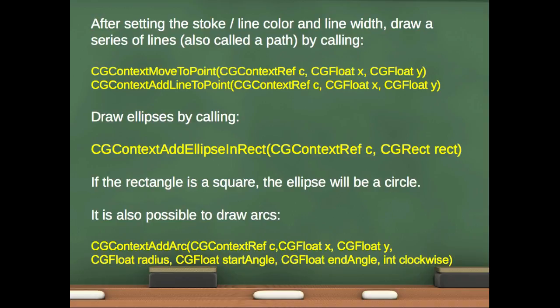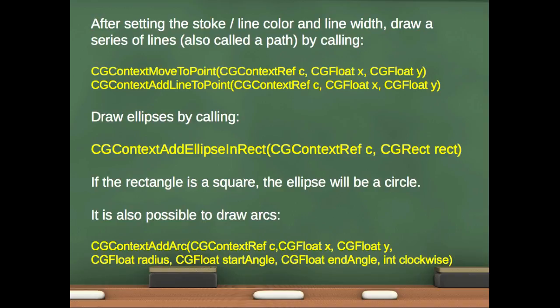We can draw an ellipse if we want by calling CGContextAddEllipseInRect. And if that rectangle, that CGRect object, is a square, then the ellipse is going to be a circle. It's also possible to draw arcs. It's also possible to draw virtually anything we want. We can have Bezier paths. We can do a ton of stuff within the context of drawRect.